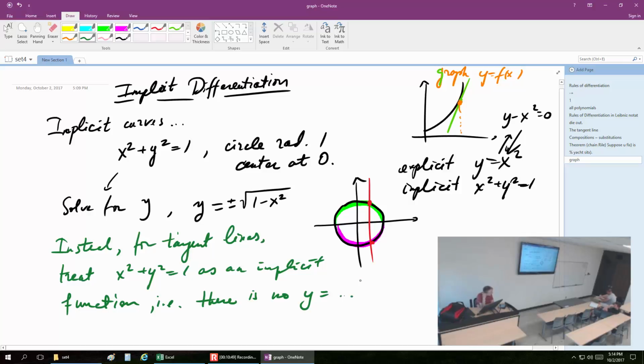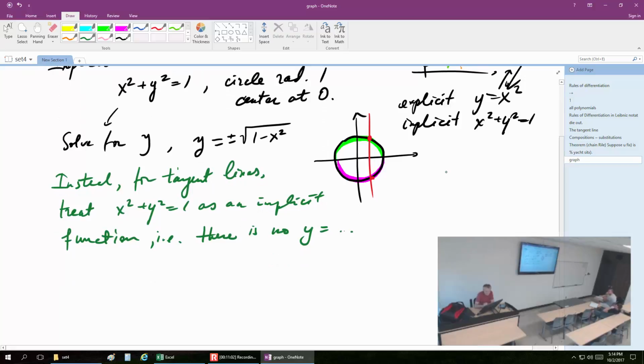I mean, we have one equation. We don't want to do algebra with it necessarily in order to extract y or x. We could just deal with it the way it is: x squared plus y squared is equal to 1. That might sound weird at first. There is no y equal anything in terms of x, but find y prime.